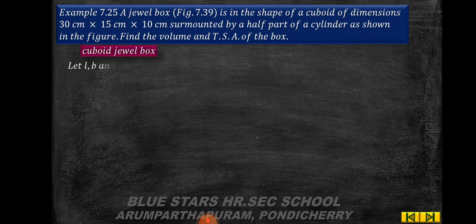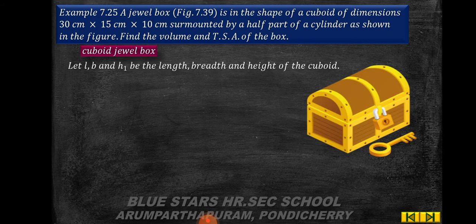So cuboid jewel box. Cuboid jewel box means, you know, it has length, breadth and height. So let L, B and H1 be the length, breadth and height of the cuboid.